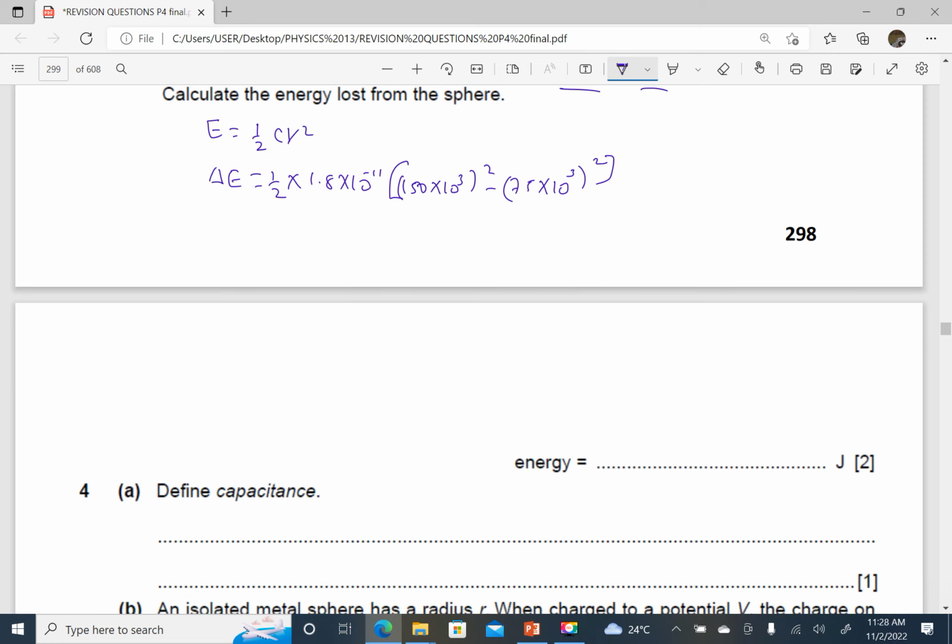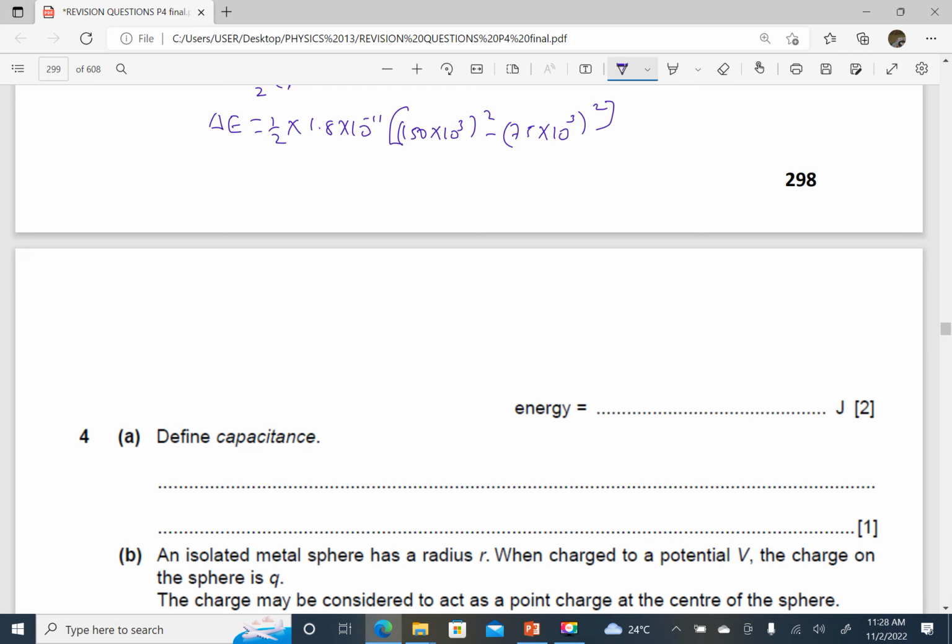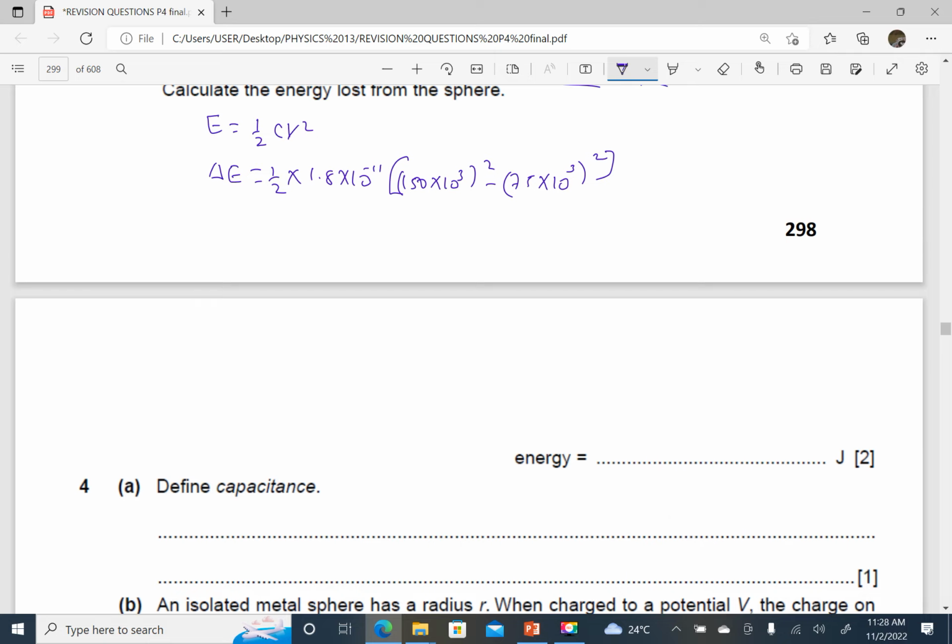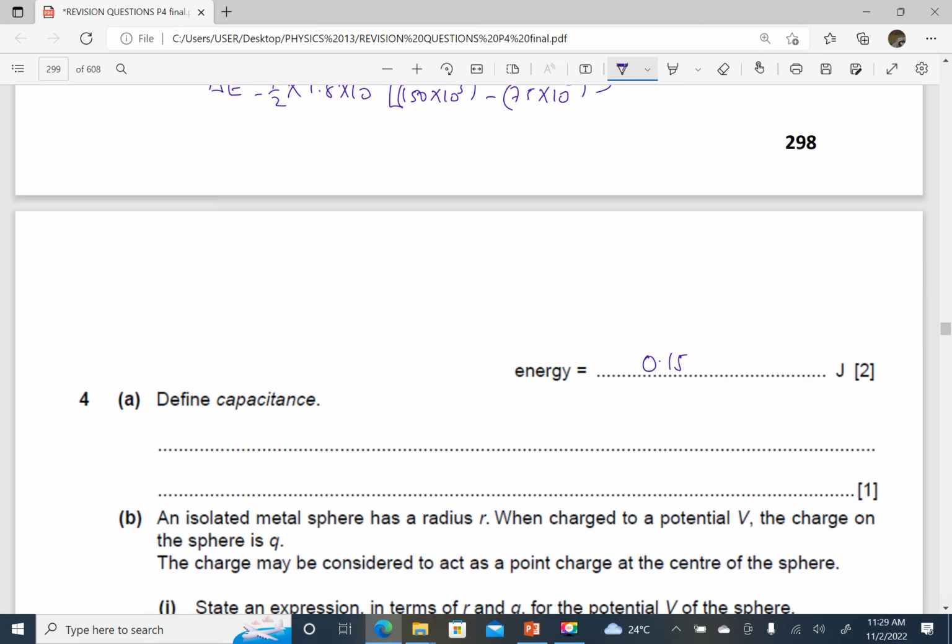We just simply press our calculator. From my calculator, I arrive at 0.15 joules.